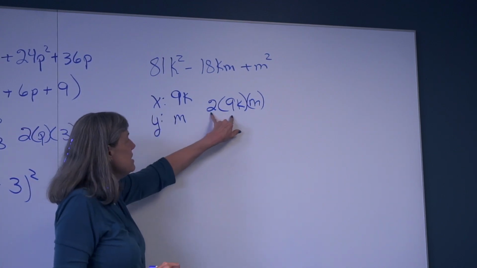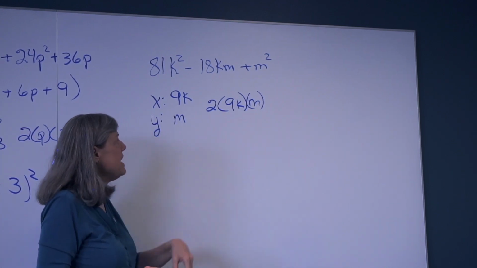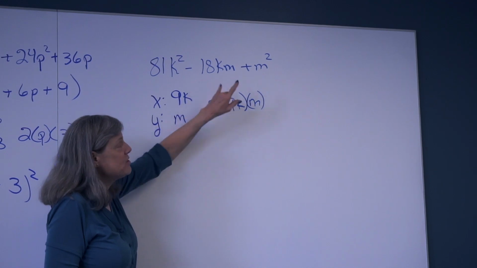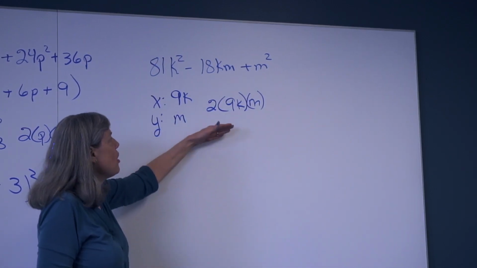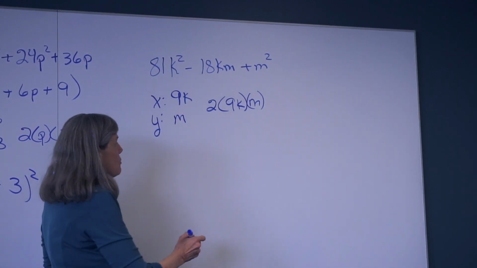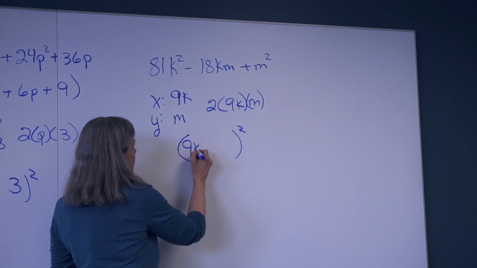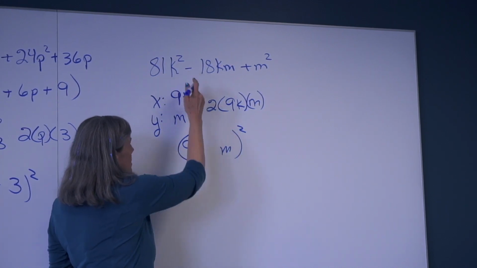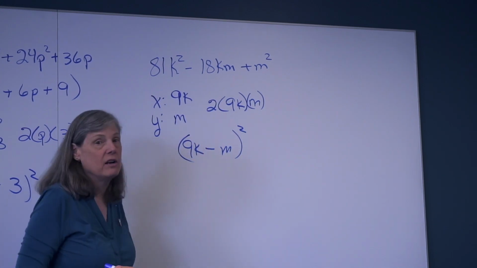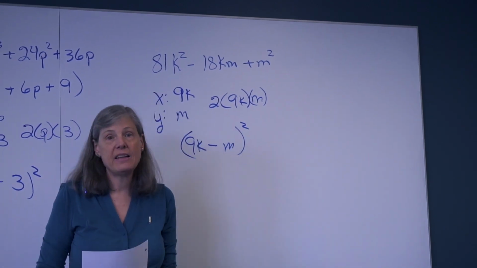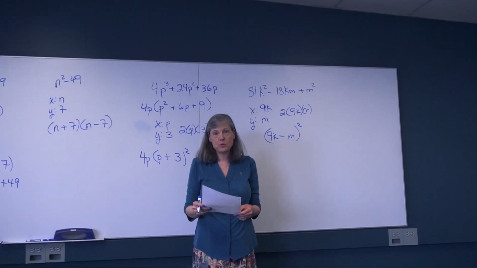Well, that's 18k times m gives me 18km. That's what the middle term is. So this is a perfect square trinomial. Just goes into the pattern. My x, my y, this sign goes right there, and I'm done. That's the end of perfect square trinomials.